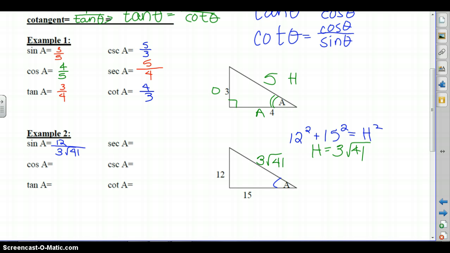The cosine of this function, adjacent over hypotenuse, is going to be 15 over 3 rad 41. And the tangent of this function is going to be 12 over 15. I'm going to flip them right now. And the reason I'm going to flip them right now is because when I flip them, that 3 rad 41 goes to the numerator and is no longer going to cause me grief.